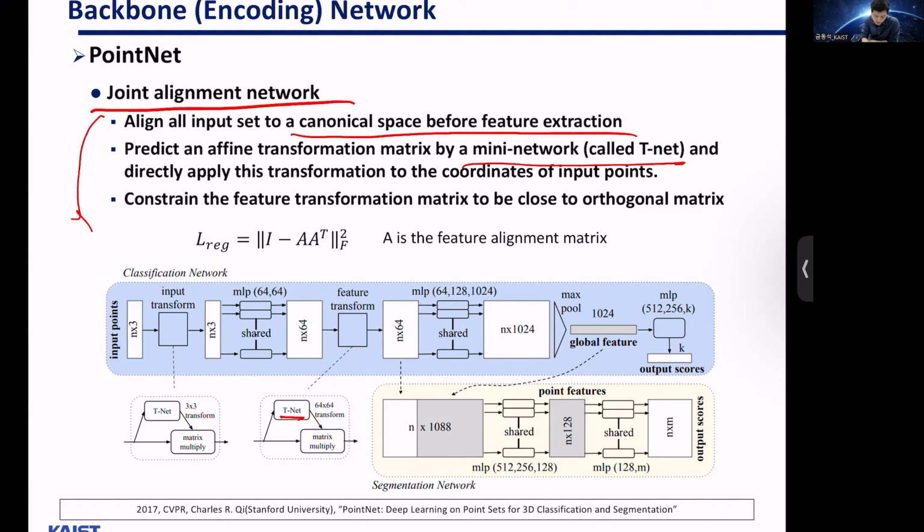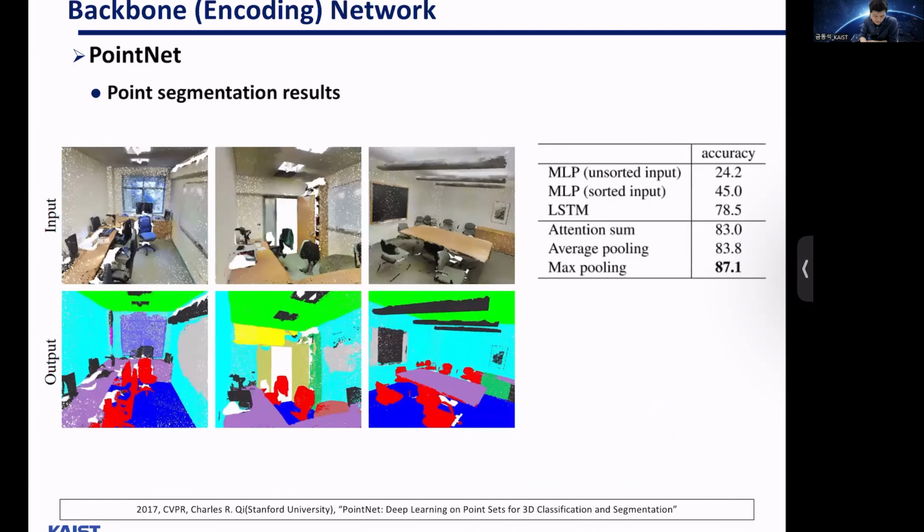It constrains the feature transformation matrix to be close to the orthogonal matrix. So that would be the loss for the alignment.